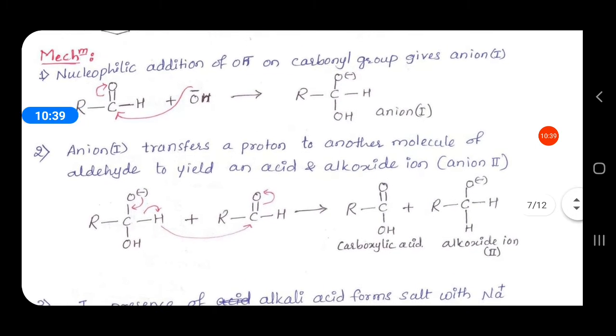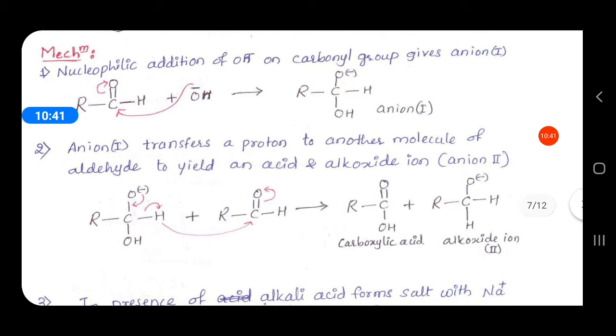So again the reaction is catalyzed by the base. One molecule of aldehyde reacts with the base OH minus, nucleophilic addition of OH minus on the carbonyl group, and it gives anion 1.